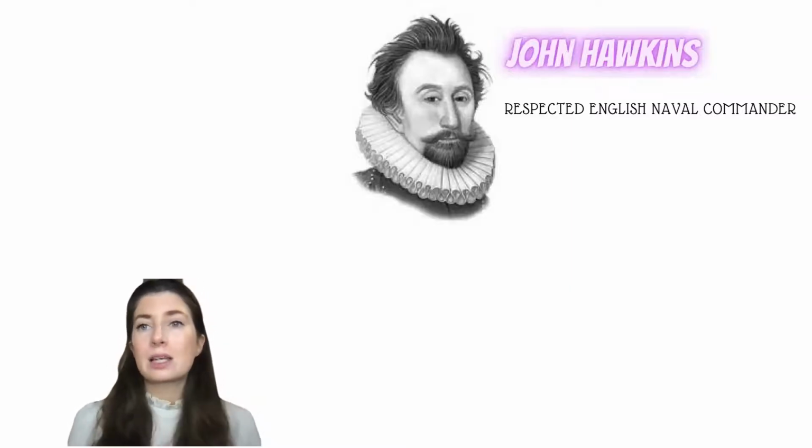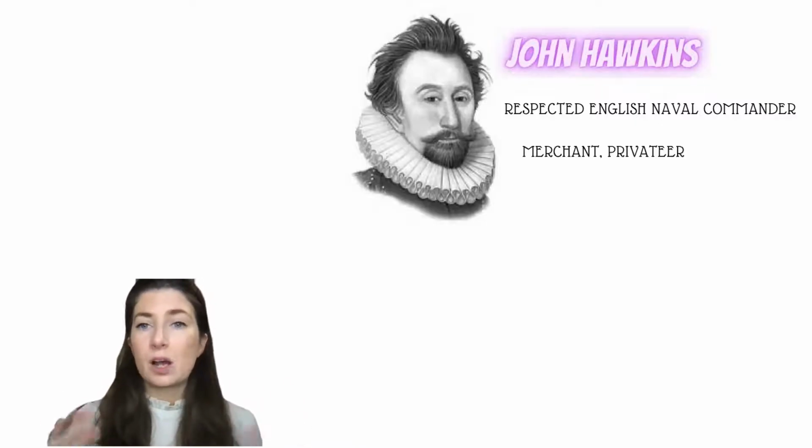And this is one of the things that causes a huge breakdown in the Anglo-Spanish relationship over time, because Elizabeth is essentially sanctioning piracy of Spanish boats. Anyway, John Hawkins was involved in the privateering, and he's also responsible for building up the Elizabethan Royal Navy.